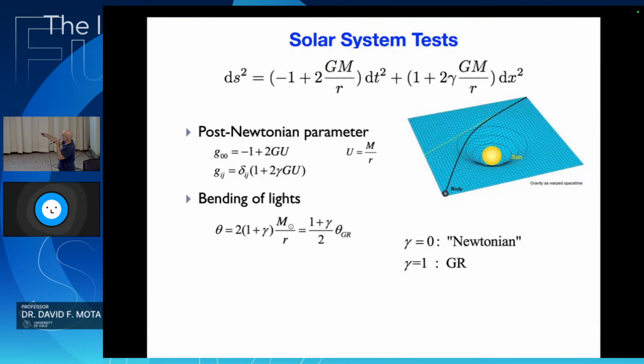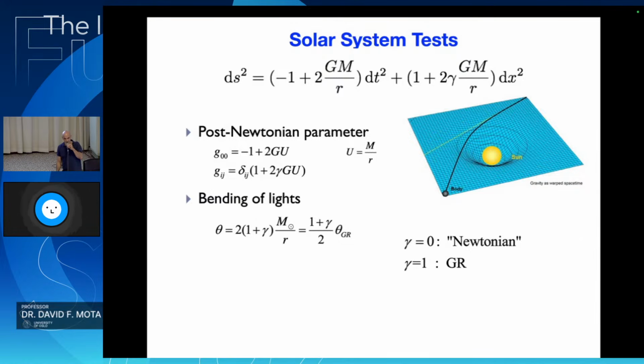So the angle that light will bend is going to be basically proportional to this quantity, okay, 2 times (1 plus gamma) times the mass of the sun, because the planets we can neglect, over the distance, and that's basically (1 plus gamma) divided by 2 times the GR expectation.